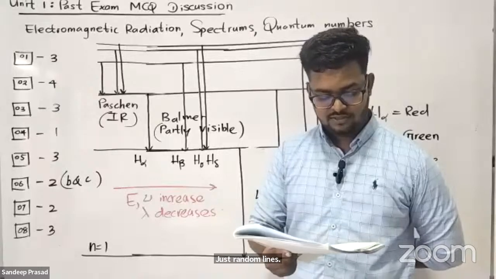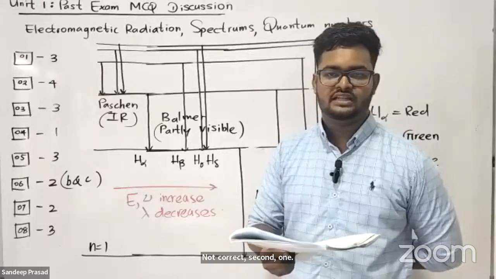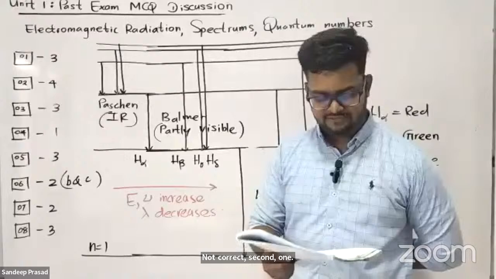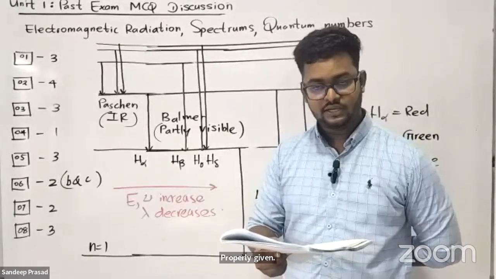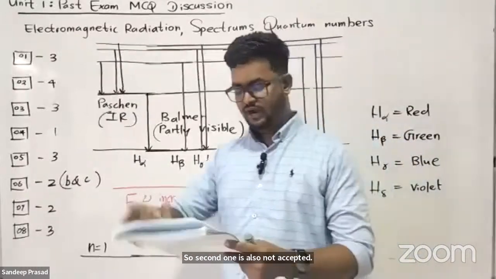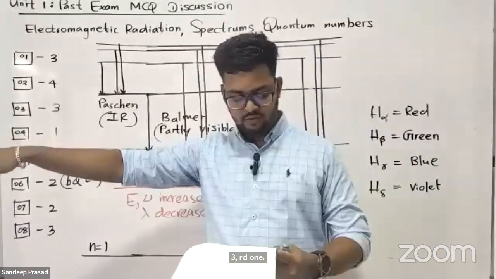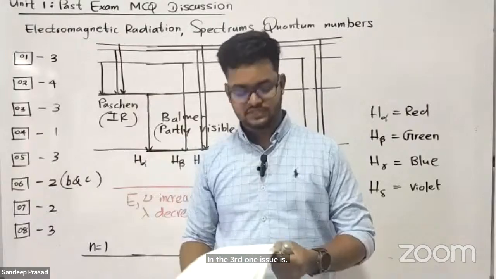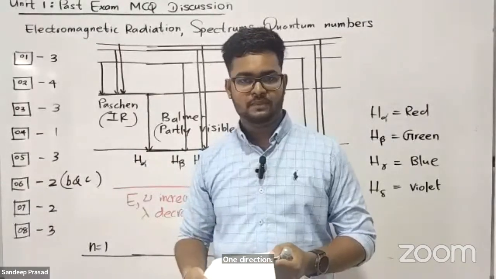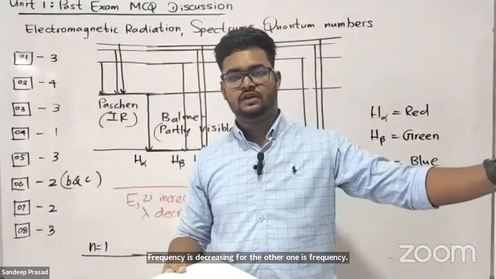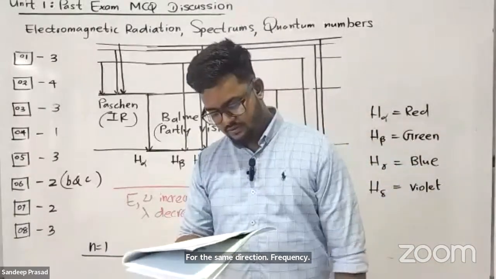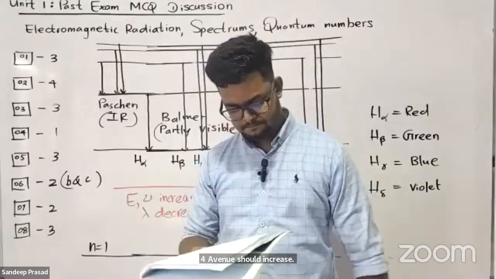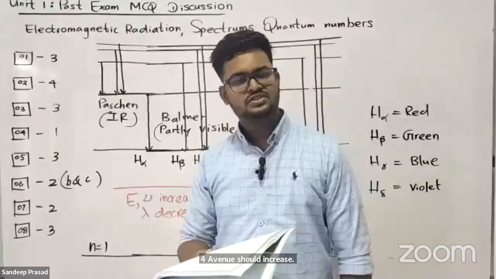Second one, actually we don't see that the line gaps are properly given, so the second one is also not accepted. Third one, the issue is that in one direction frequency is decreasing, and in the other frequency is increasing, so we don't have that pattern. For the same direction, frequency should increase or wavelength should increase. Fourth one is also wrong, right?